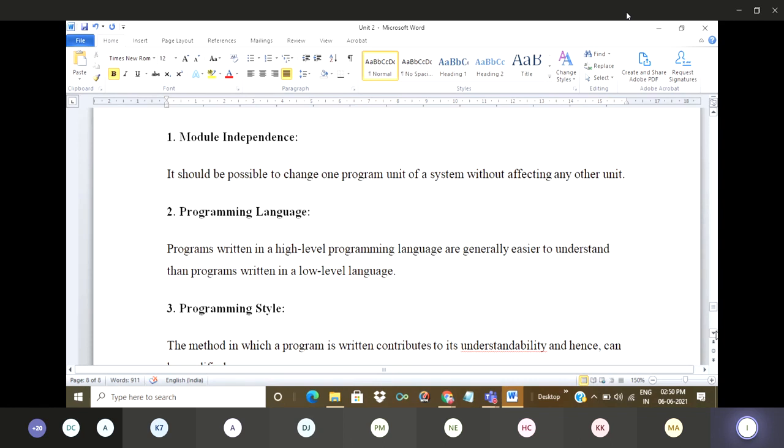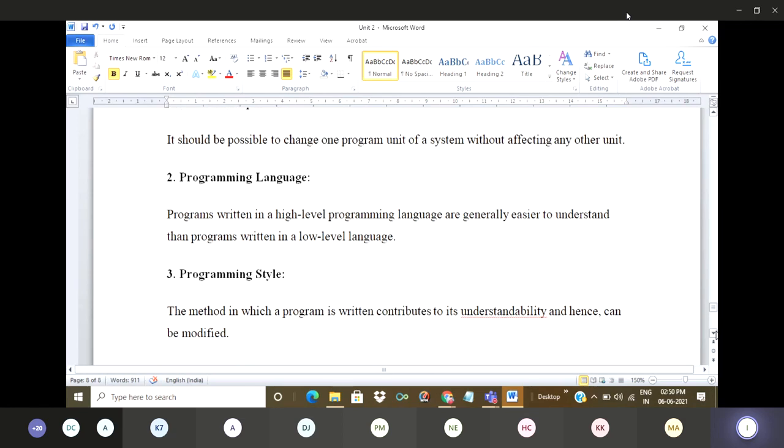So we know module unit testing, right? In unit testing, we have to check only one module at a time. Likewise, in module independence, it is possible to change one program unit of a system without affecting any other unit.